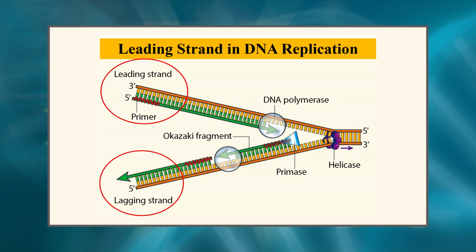In the DNA replication process, one new strand, the leading strand, is made as a continuous piece, while the other, that is the lagging strand, is made in small pieces known as Okazaki fragments, named for the Japanese scientist who discovered them.